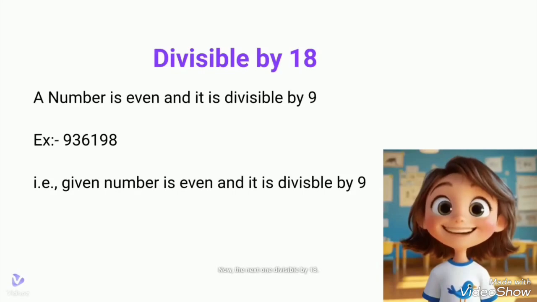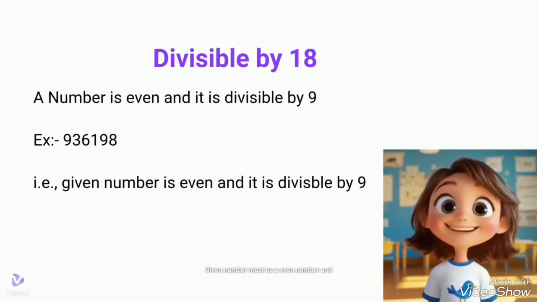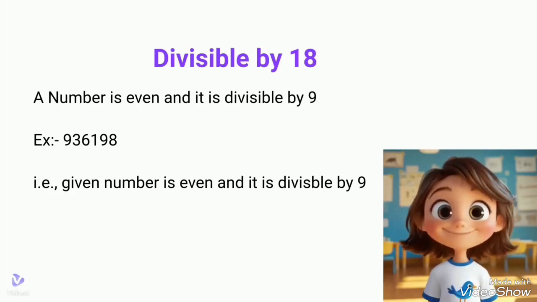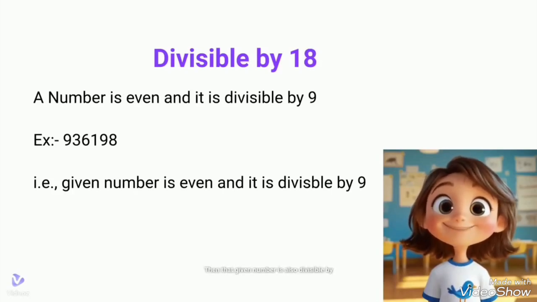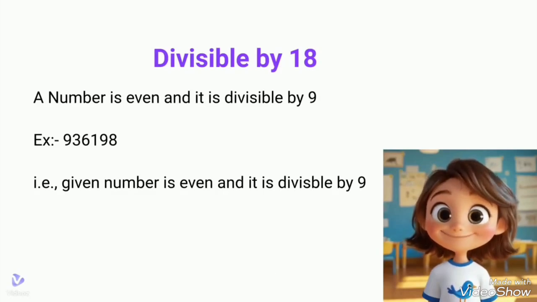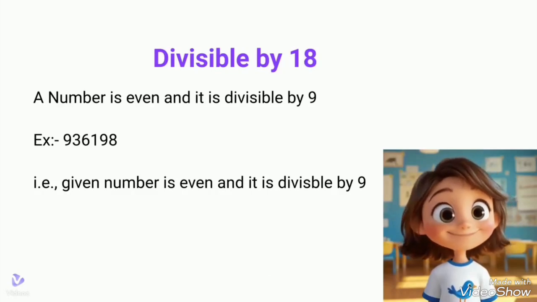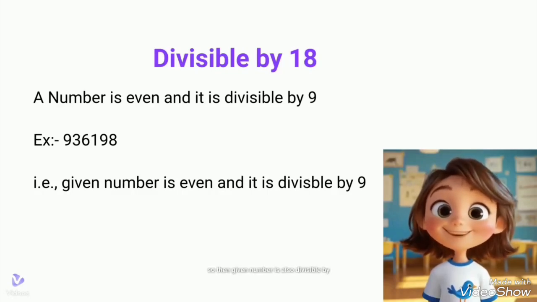Now, the next one is divisible by 18. The given number must be an even number and divisible by 9. Then that given number is also divisible by 18. For example, 936198 is an even number and divisible by 9. So then the given number is also divisible by 18.